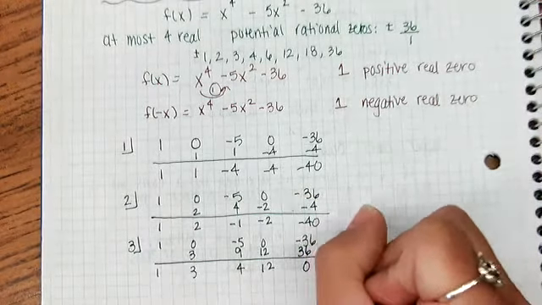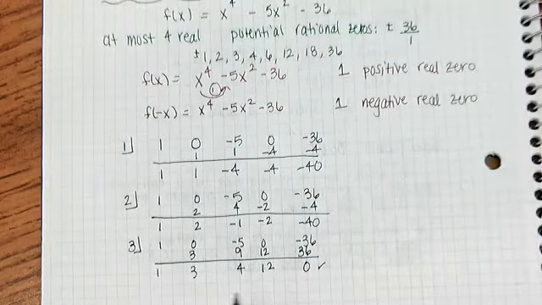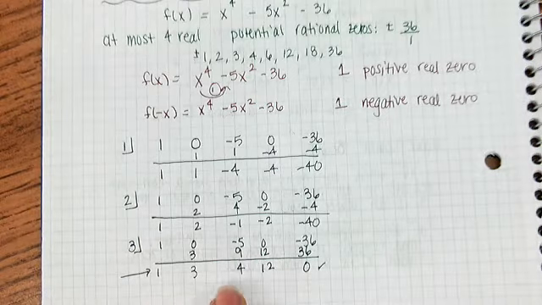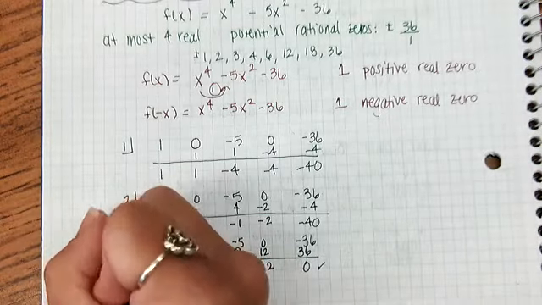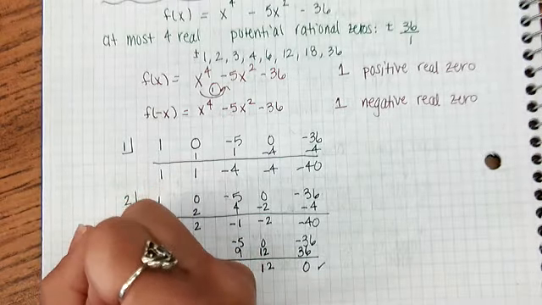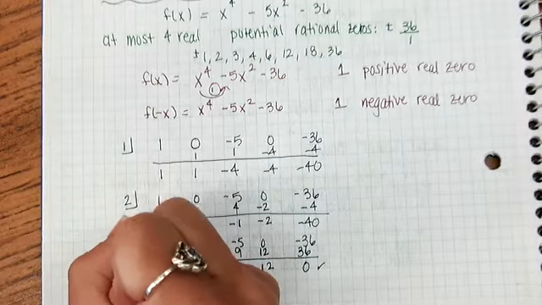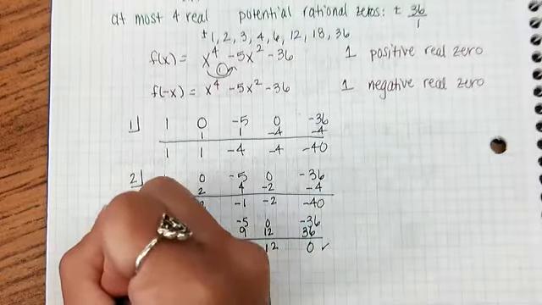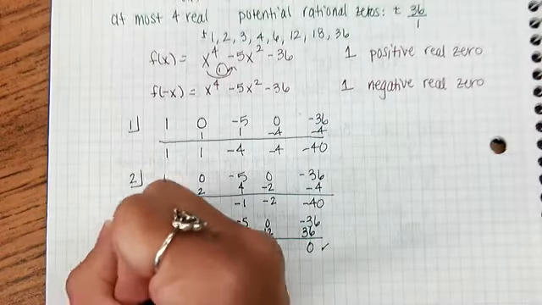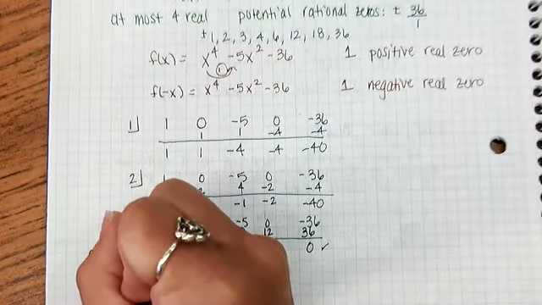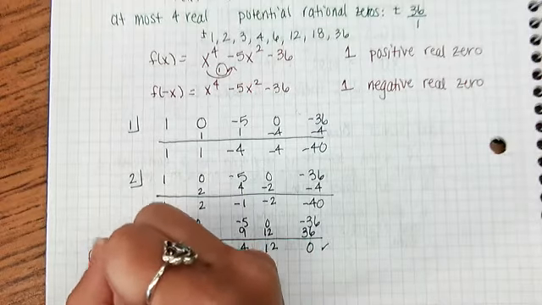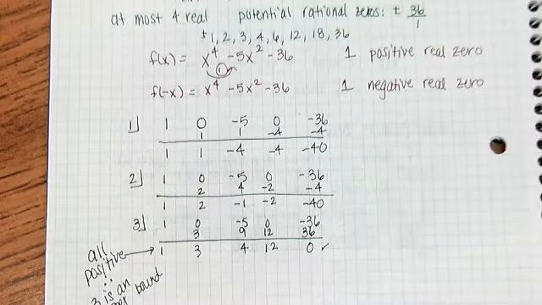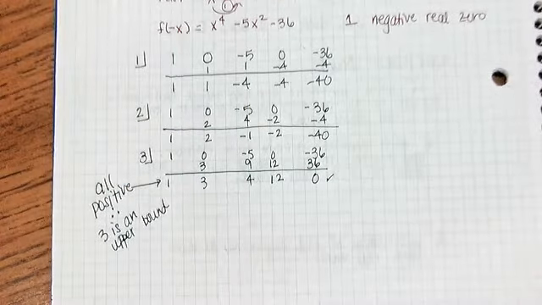Not only is it a 0, but 1, 3, 4, 12, 0, they're all positive. They're a combination of positive and 0. Therefore, 3 is an upper bound. Three is an upper bound.